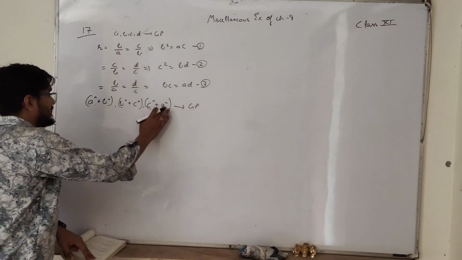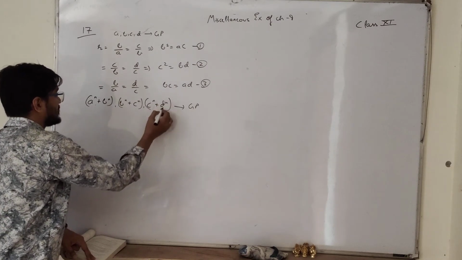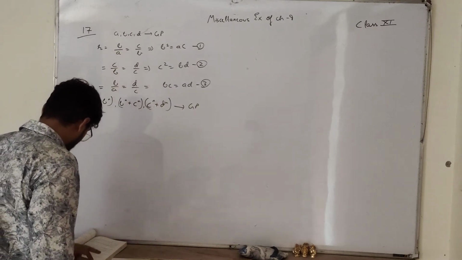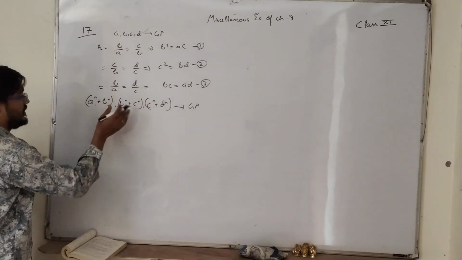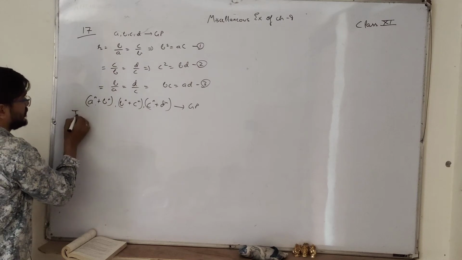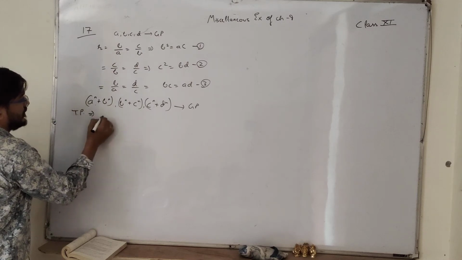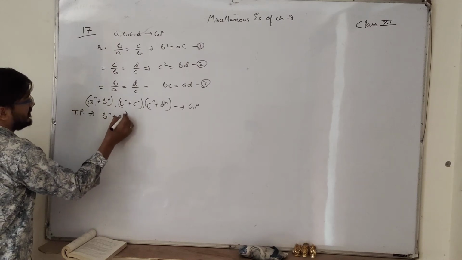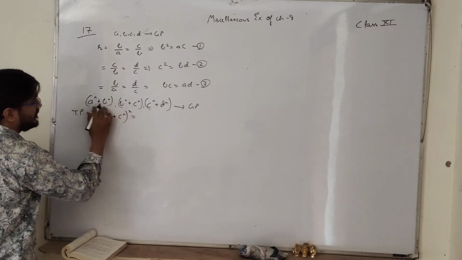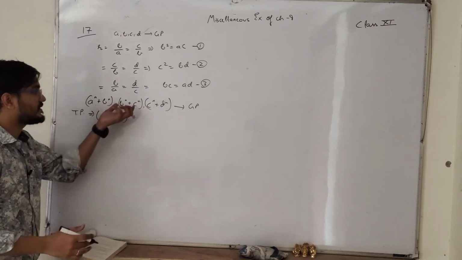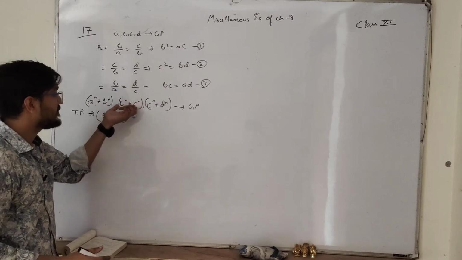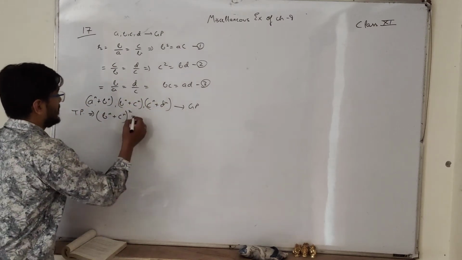C raised to the power n plus d raised to the power n, d raised to the power n forms GP, right? So if this is in GP, what we have to show to prove? B^n plus C^n whole square is equal to the multiple of these two, because this is what, this is GM, geometric mean in between these two terms.